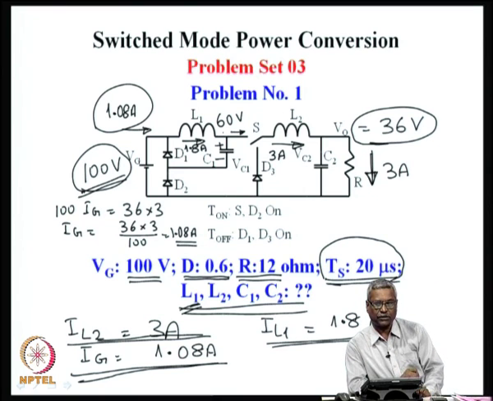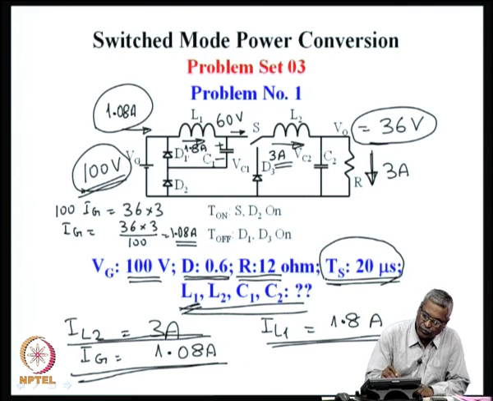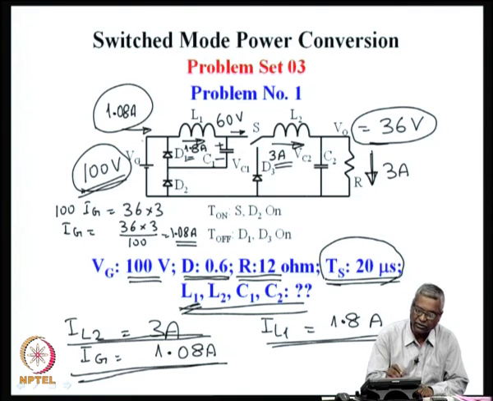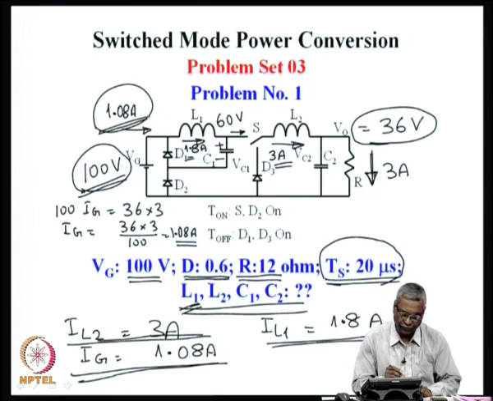So, VC1 has a voltage of 60 volts, VC2 has a voltage of 36 volts, input voltage is 100, output current is 3 amperes, the first inductor current is 3 amperes, the input inductor current is 1.8 amperes, and input average current is 1.08 amperes. All these we are able to do by invoking the condition of volt second balance on the inductor and the ampere second balance on the capacitor.